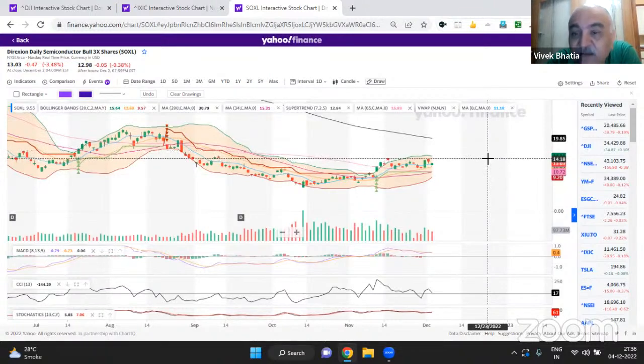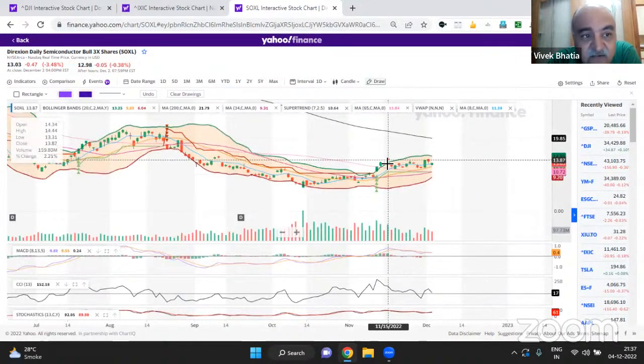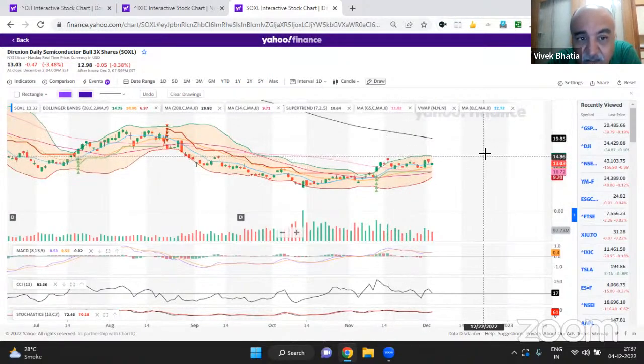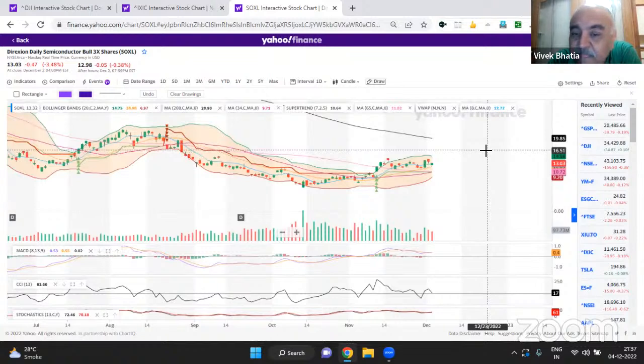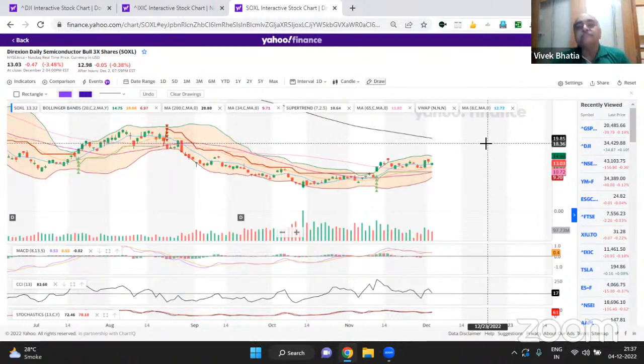Once 1420 gets taken out, once 1450 gets taken out, 1475 gets taken out, you should look at a target of 1650, which should be a good target. Thereafter, next target is 1770 here. And then 19.